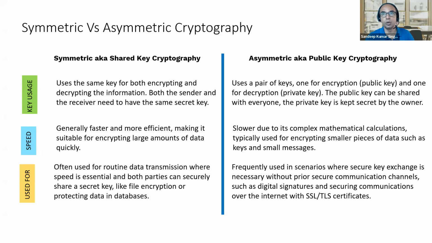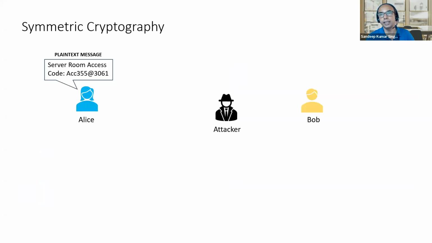And for whole web communication, HTTPS communication, symmetric and asymmetric key both together are used. For the initial key exchange, asymmetric key cryptography is used. Once the session key is exchanged, beyond that, the whole communication happens using symmetric key cryptography that does the whole encryption, right? So why did we use symmetric key beyond that? Because speed is required for the whole browsing activity that you're doing, and that's why symmetric key cryptography is used.